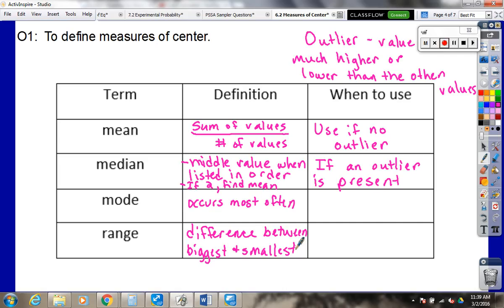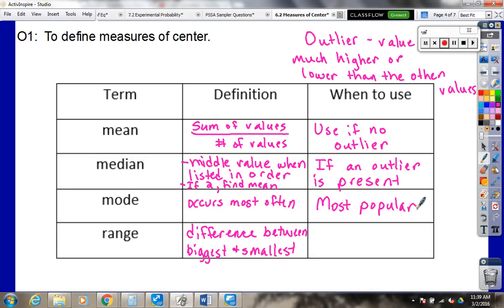We use the mode when we want to know which one is most popular. The mode is not really a measure of center in that it's not necessarily telling us where the middle is. Sometimes the mode will, but often the mode is not as closely related as the others to where the center is. But we can use the mode with non-numeric data.